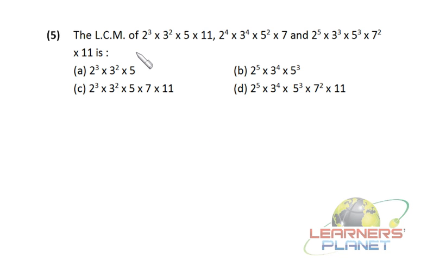now in this question we have to find out the LCM of these three expressions. Now what is the highest power of 2? It's 2 raised to 5. Then the highest power of 3, among 3 square, 3 raised to 4 and 3 cube, is 3 raised to 4.